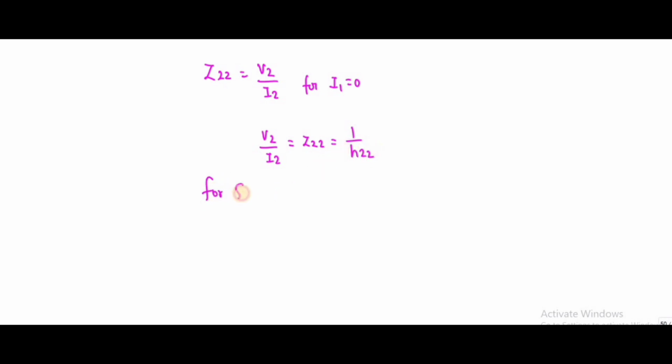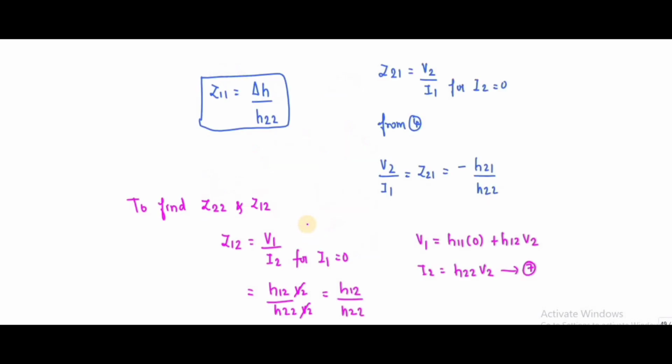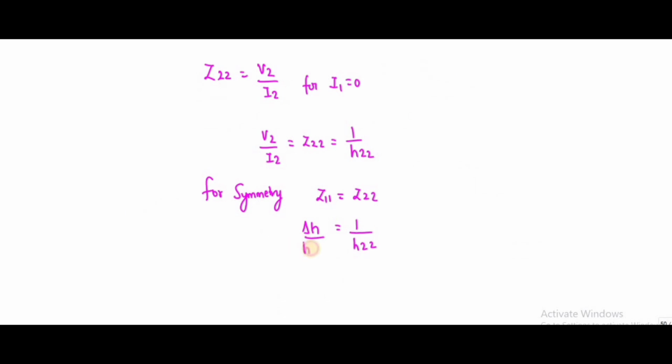So for symmetry, Z11 is equal to Z22. Z22 is 1 divided by H22 and Z11 is del H divided by H22. So del H is equal to 1. This is the condition for symmetry.